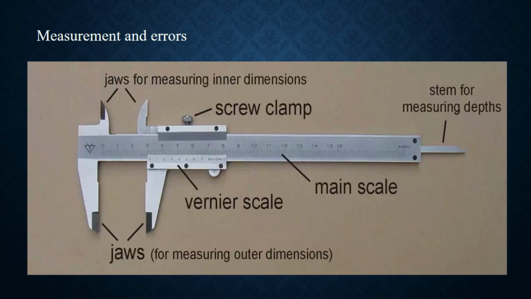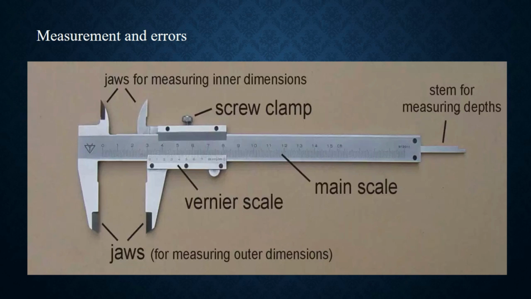The sliding secondary scale is used to indicate where the measurement lies when it is in between two of the marks on the main scale. For instance, if you move the sliding scale by a small amount, only one pair of marks will come into alignment.